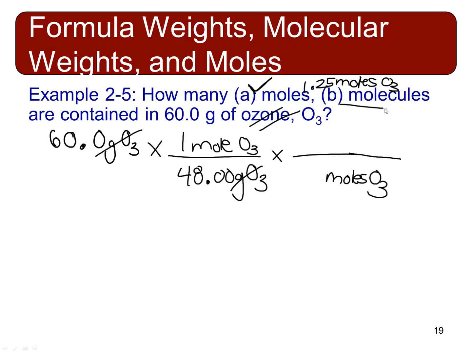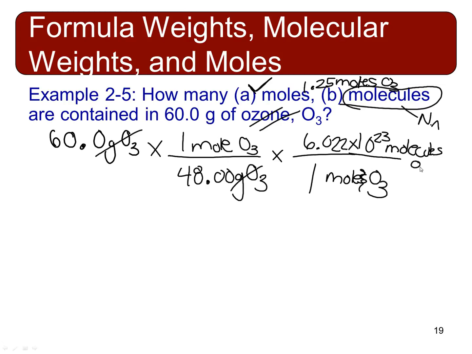And we're asked to find molecules, so we're going to have to use Avogadro's number. 1 mole is equal to 6.022 times 10 to the 23rd molecules of ozone. Punch this in your calculator, and be sure you use the parentheses when you need them.